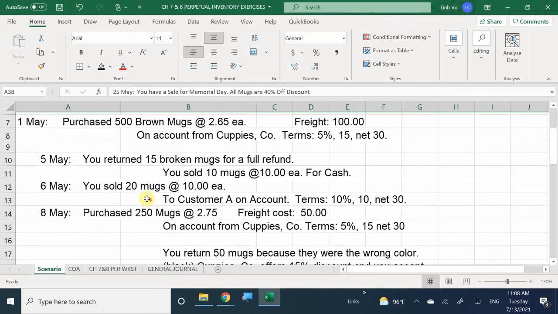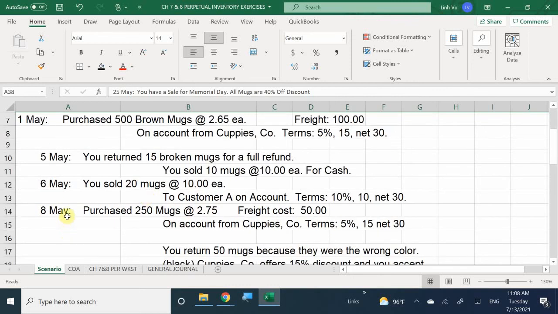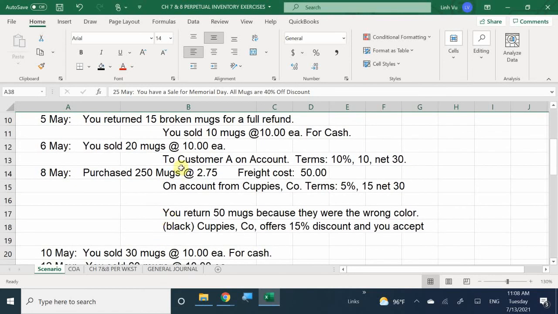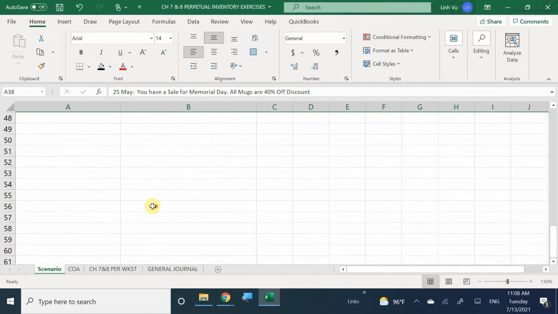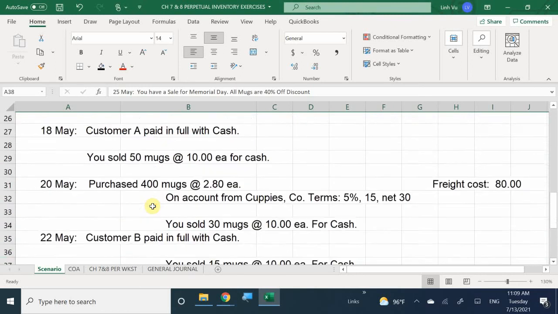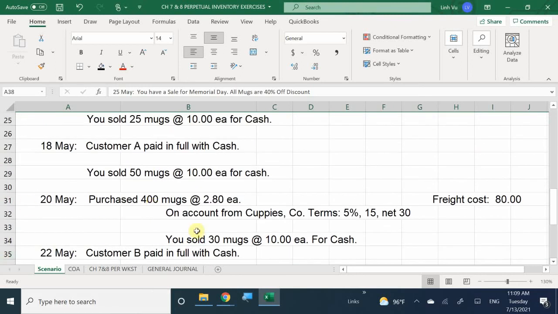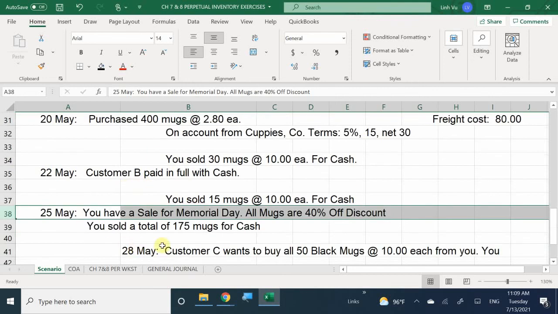We also, on the 8th, purchased an additional 250 items, which we ended up getting an allowance for 50 of them because they were the wrong color. And then last but not least, we made a purchase on, I believe, the 20th of May. We purchased an additional 400 mugs, and nothing was returned after that.